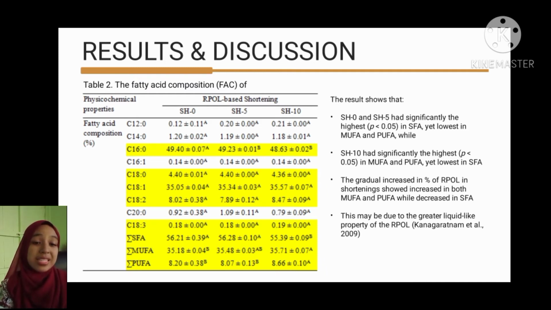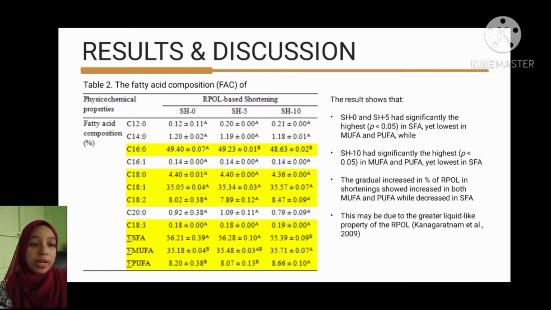While for SH10, you can see that it contains significantly the highest monounsaturated fatty acid and also polyunsaturated fatty acid, yet lowest in saturated fatty acid.